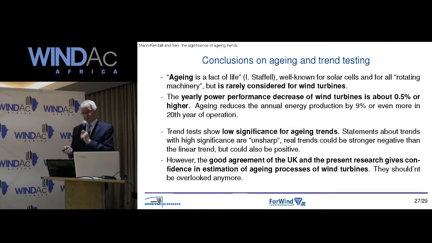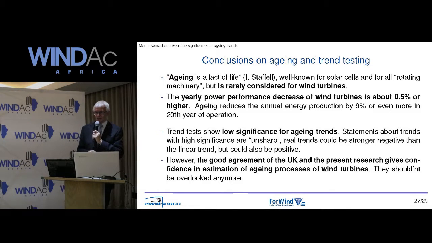Okay, conclusion. Aging is a fact of life. Those are the starting words of the paper of Ian Staffell. It's well known for solar cells and all rotating machinery, but it's rarely considered for wind turbines. The yearly power performance decrease of wind turbines is probably at least 0.5%.